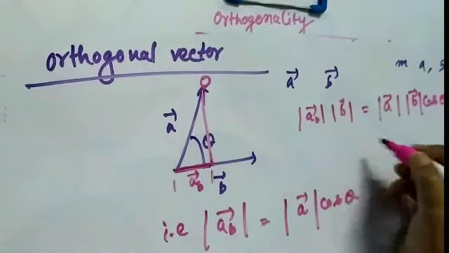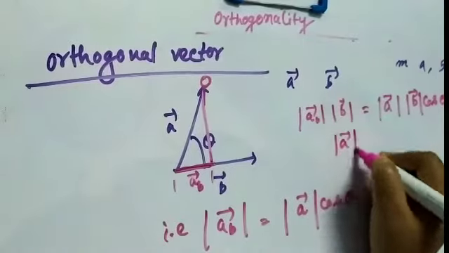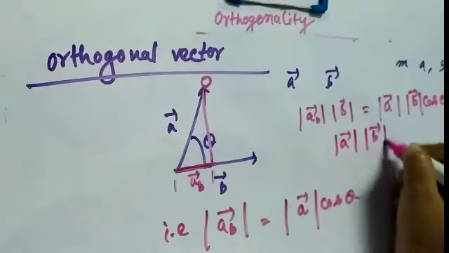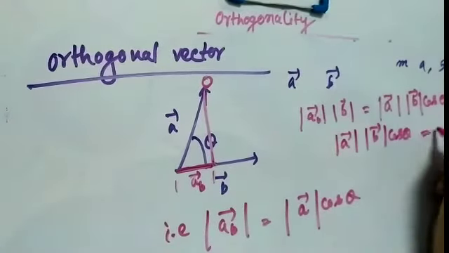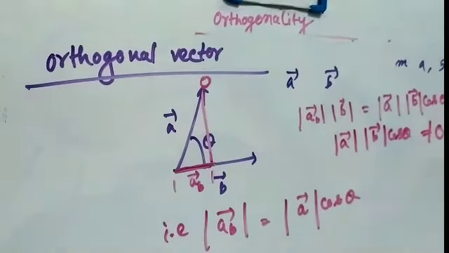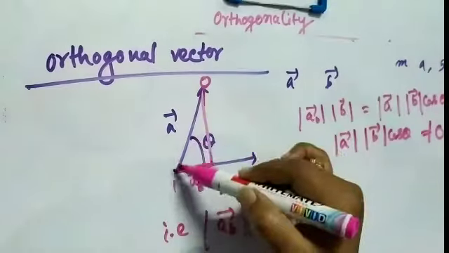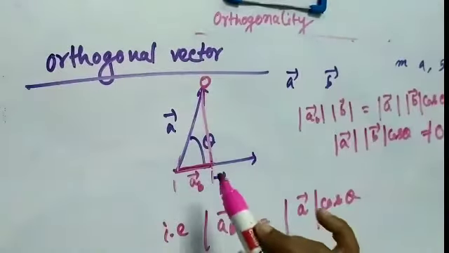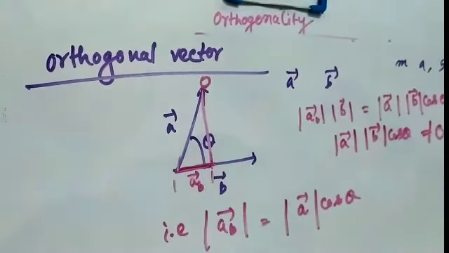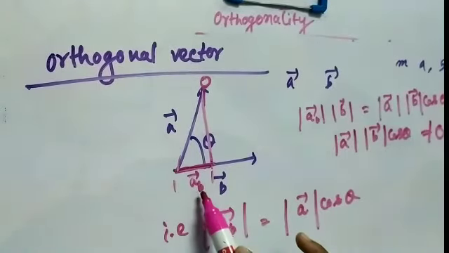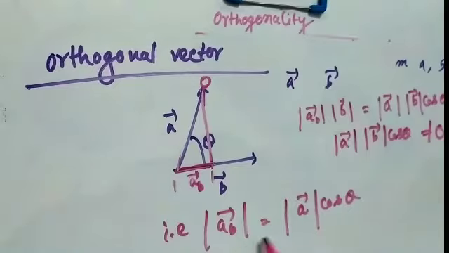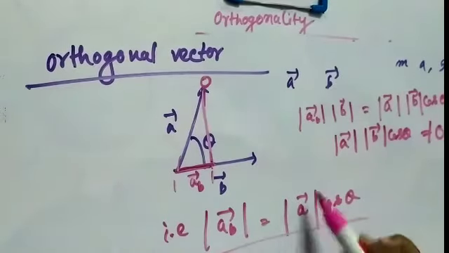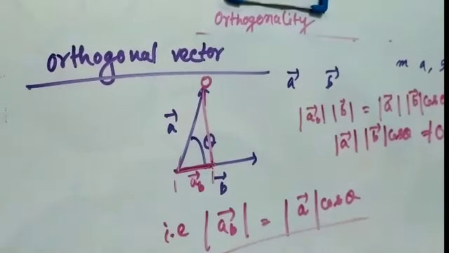Again, the projection of vector A on B is represented by AB, and its magnitude is represented by A cos theta.